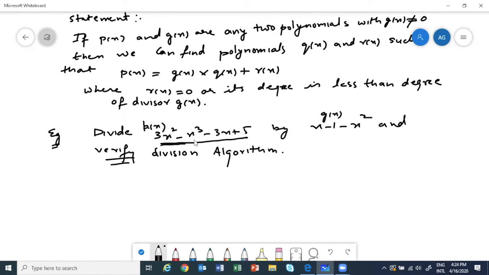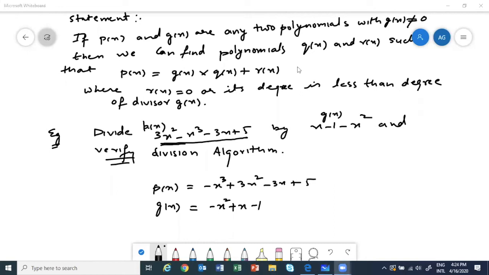No. First we'll rearrange it. p(x) can be written as minus x cube, the highest power, then plus 3x square minus 3x plus 5. g(x) is also not in the correct form. So we will rearrange: first the highest power, minus x square, then plus x minus 1. First step we have to be careful. Always we should do like this.